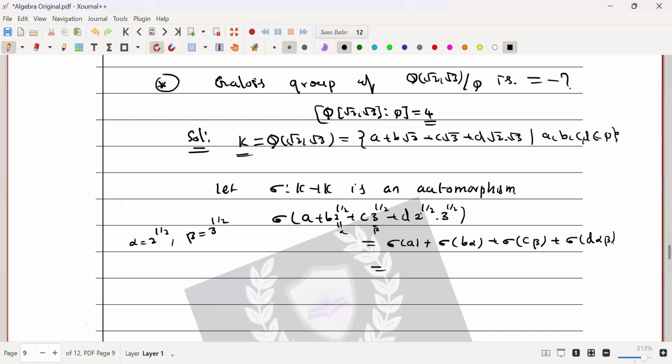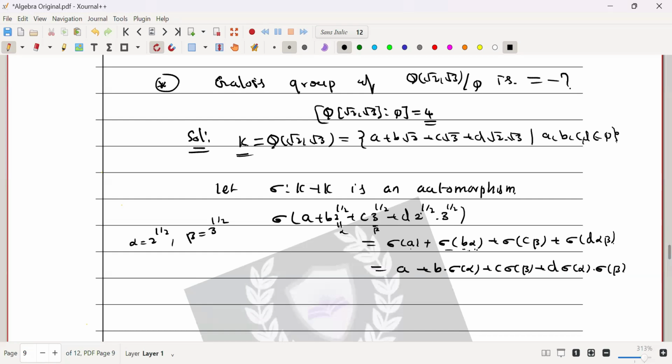But a, b, c, d are rational numbers, so rational numbers have fixed images. So sigma of a is equal to a, and by the homomorphism property sigma of b alpha is sigma of b into sigma of alpha, but sigma of b is b. So we get b into sigma of alpha plus c into sigma of beta plus d into sigma of alpha into sigma of beta.